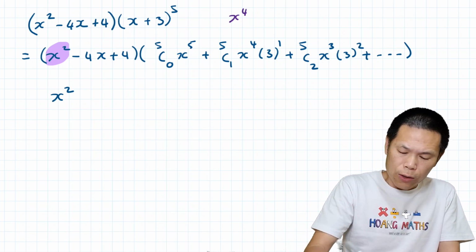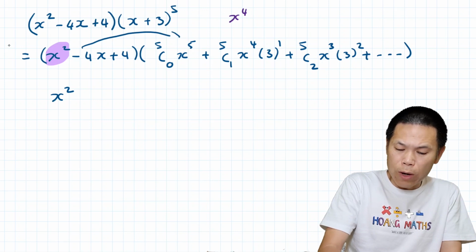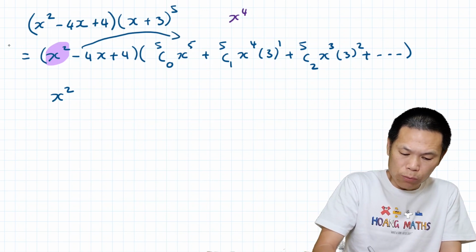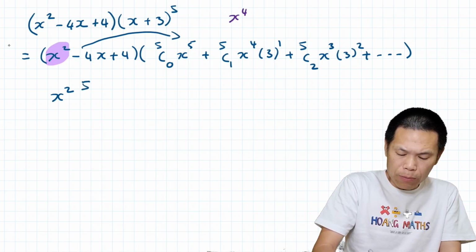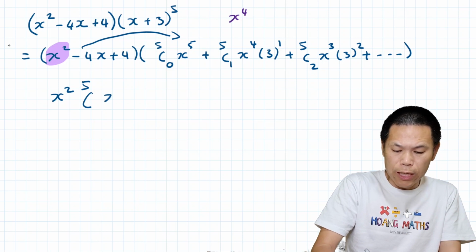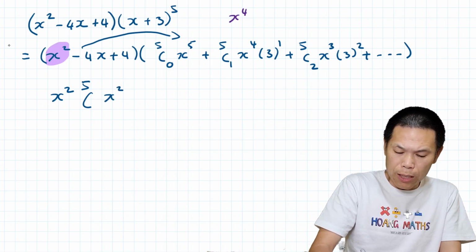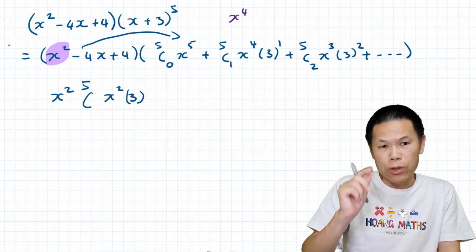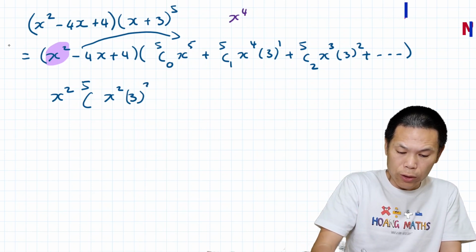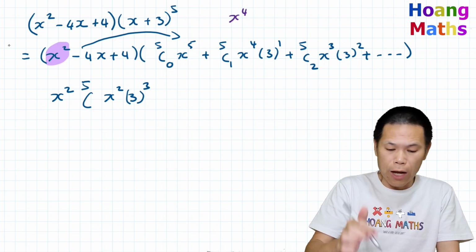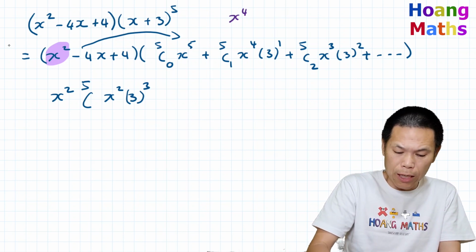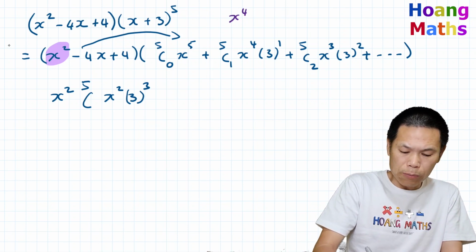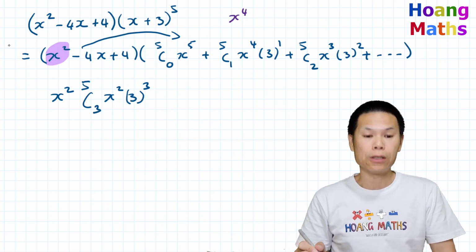So that is 5C something, x squared, and b is 3. Because we have x squared already, the 3 must be to the power of 3 because 3 plus 2 is 5. The indices must add up to 5. So this must be 5C3.